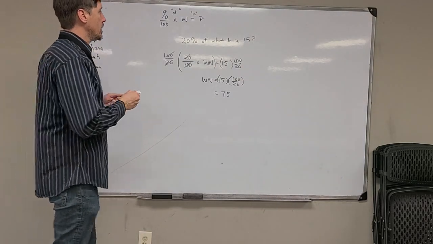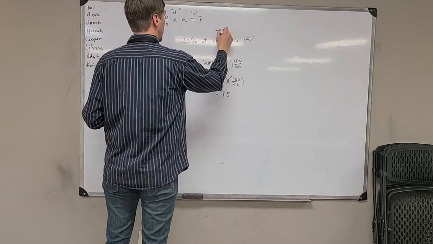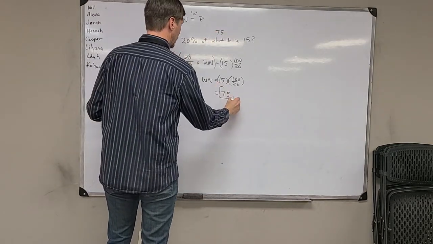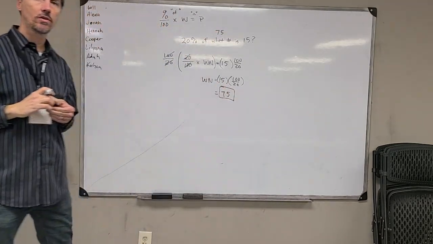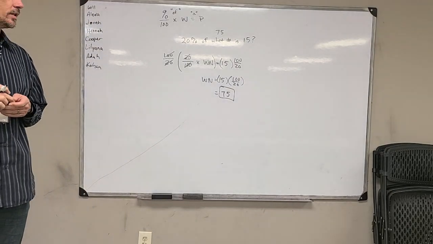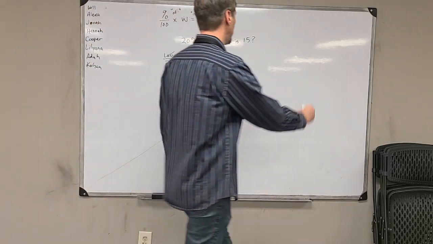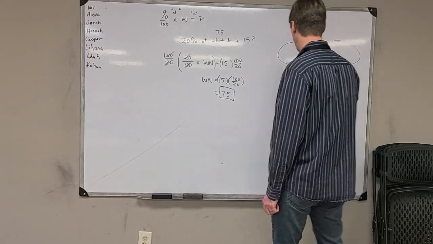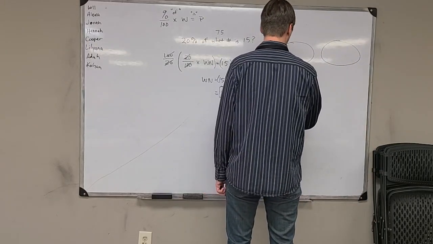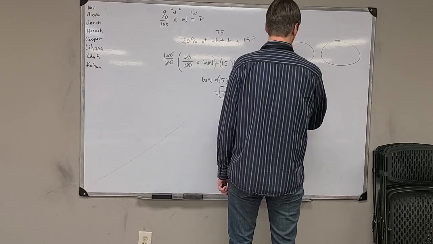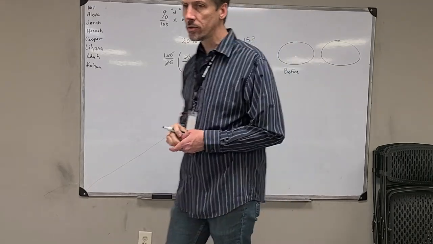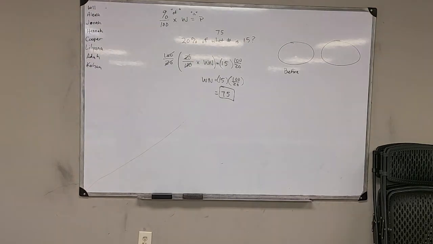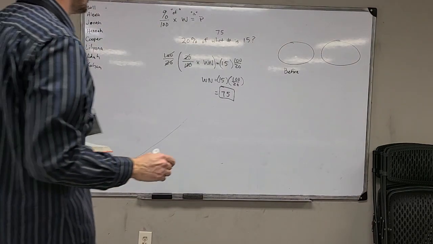So 20% of 75 equals 15. And then they want you to draw a diagram. So let's see if we can draw our diagram. This is our whole, that's what we started with. So this is the before part, where we had 100%. So to start with, we're at 100% of something.